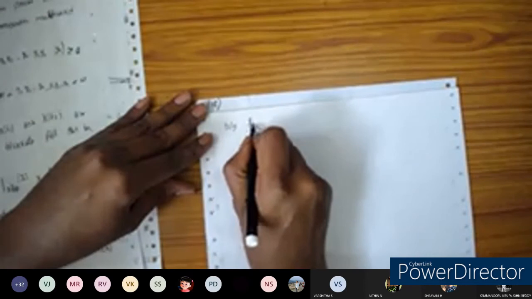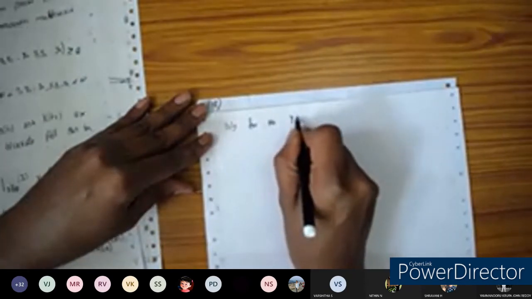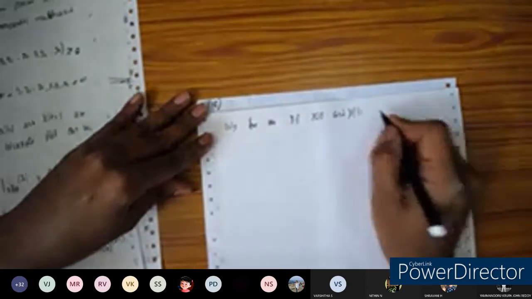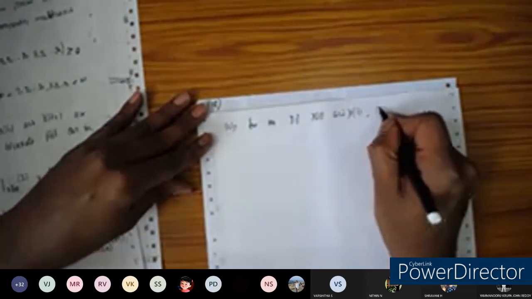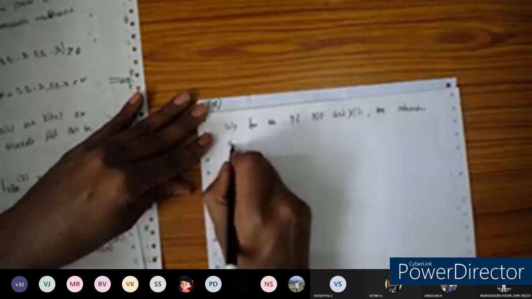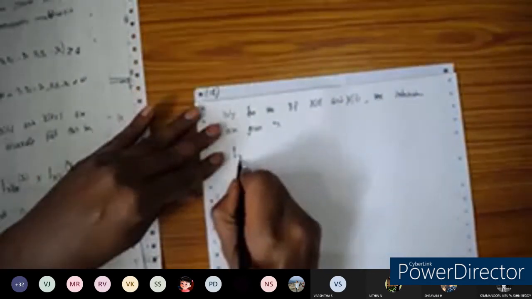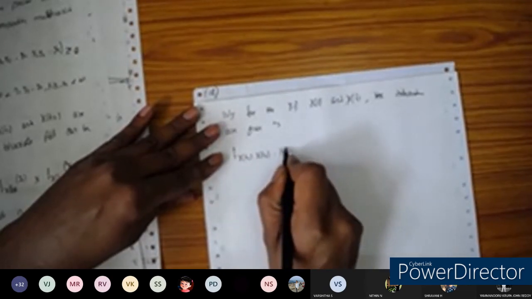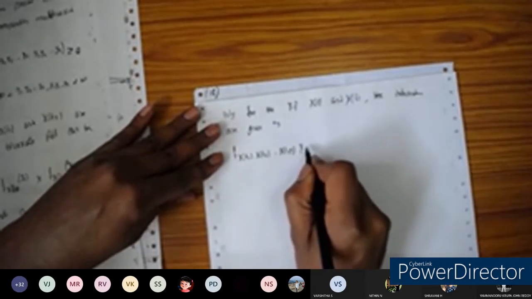Similarly, for the random processes x of t and y of t, the independence is given by the following. For the random processes defined in terms of x and y, if they are statistically independent, it can be given like this.